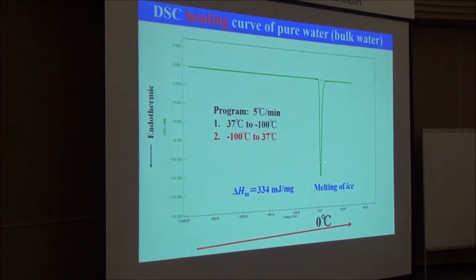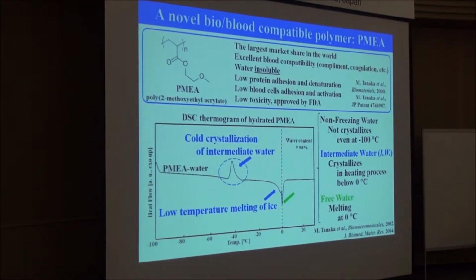This is just bulk water without polymer, but this is the polymer-water system. What's the difference between them? You see the cold crystallization of water and melting of ice below 0 degrees. Why? We also see melting of ice at 0 degrees.